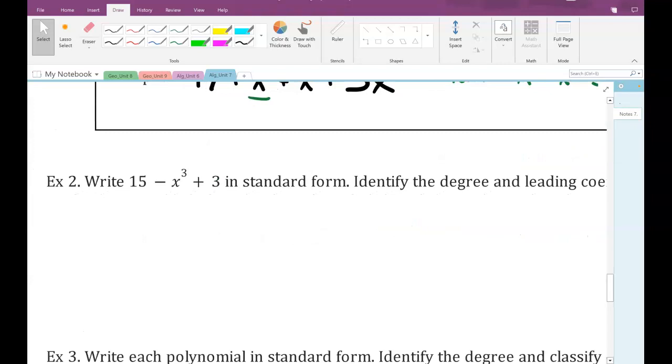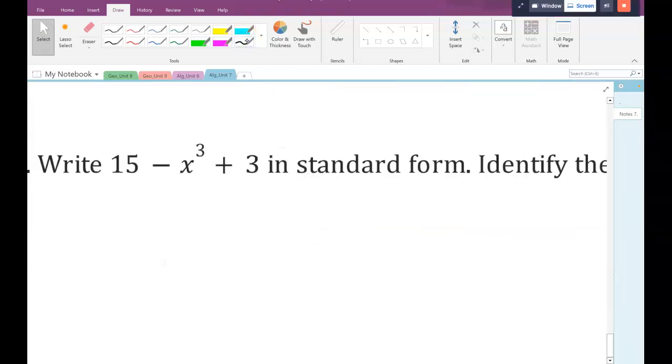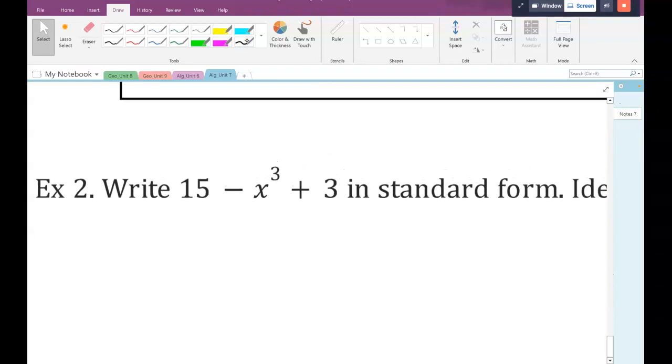With example 2, you got to make another correction for me. You got to put an x next to this 15. That's the last correction you got to make. We're going to write this in standard form to start. Taking this to put in standard form, I have to put my largest power first.